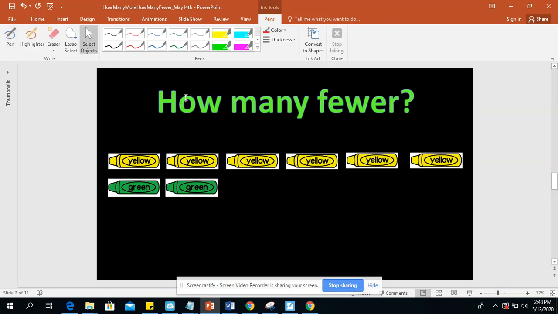Let's do an example with the question, how many fewer? So again, we have some yellow crayons and some green crayons. Fewer means a smaller amount. Are there fewer green crayons or yellow crayons? Well, we see that there are 6 yellow crayons and 2 green crayons.